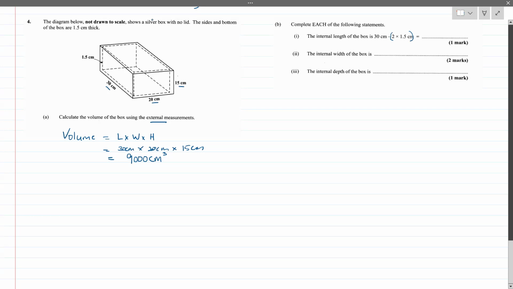So, 27, right? 30 minus 3, which is 27 centimeters.